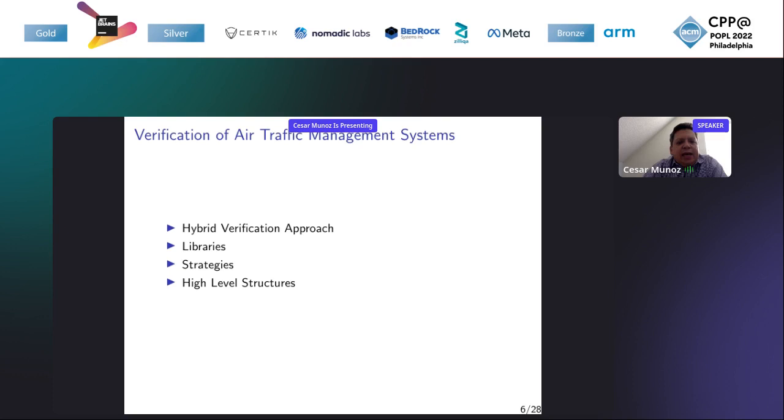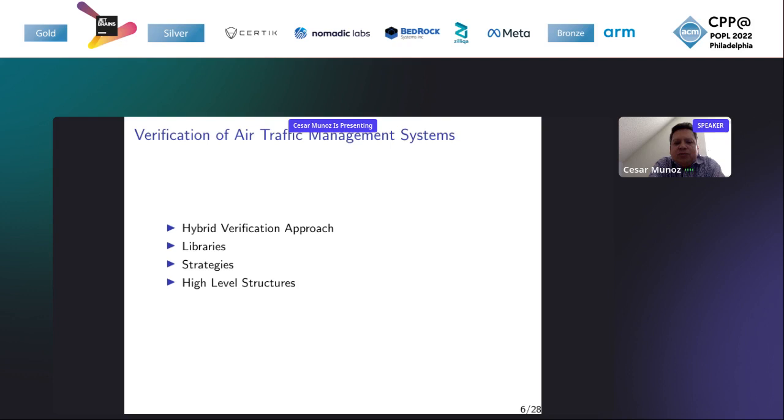This verification is one of the most involved verifications that I participated in during my tenure at Langley. It is still very, very involved and complex.